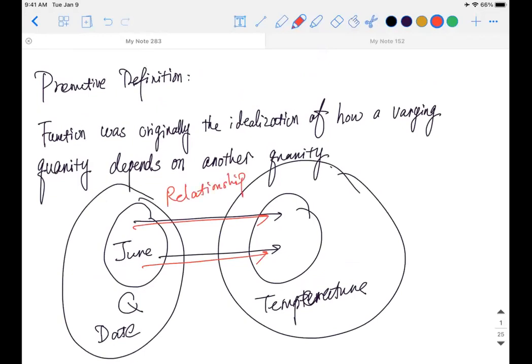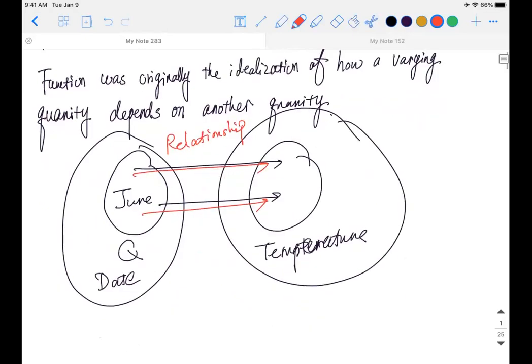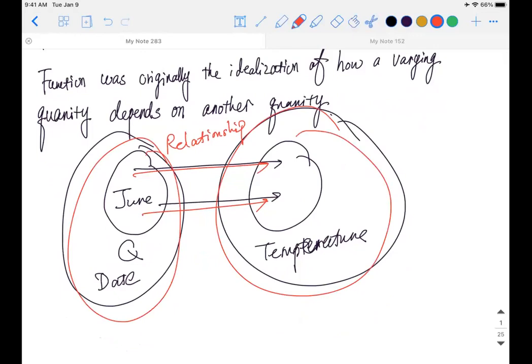So the way people try to find out such a relationship is pretty much trying to define a function. Is that right? So this relationship can be fairly straightforward or can be very complicated. But anyway, we're just trying to find out a potential relationship, trying to describe this variation from one quantity all the way into another quantity.